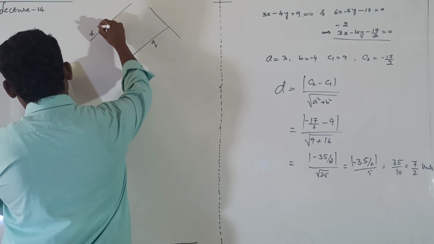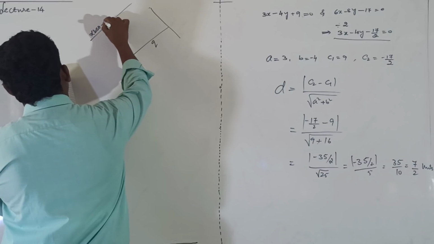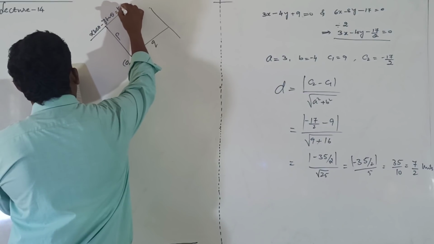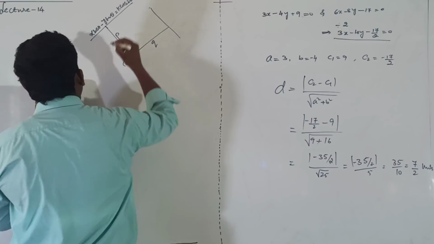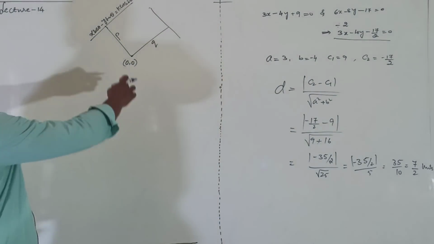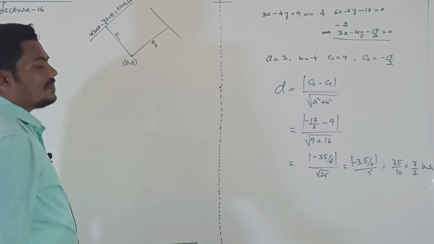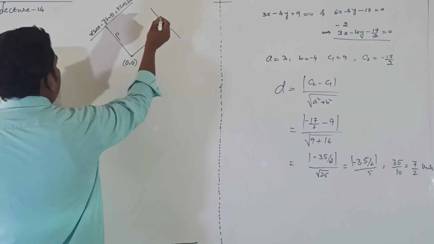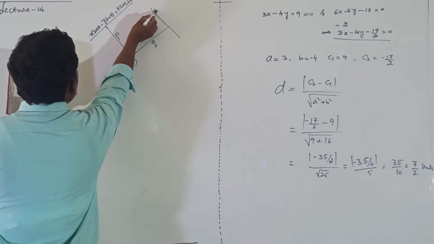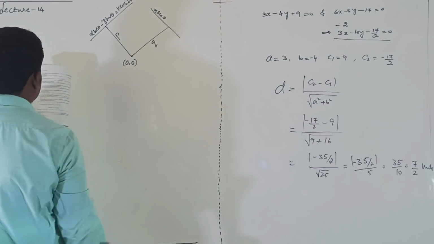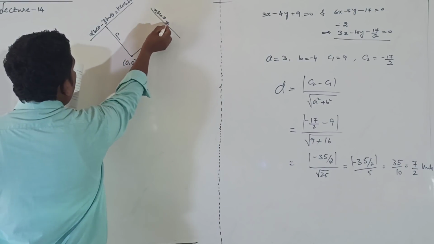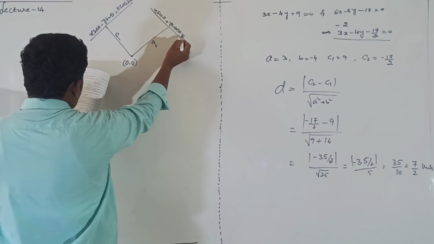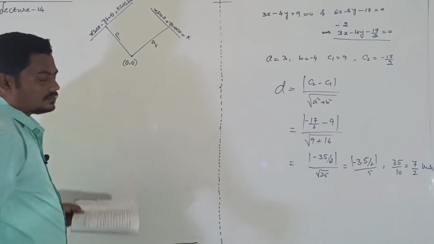x cos theta minus y sin theta is equal to k times cos 2 theta. This is one line at a distance p units from the origin, and one more line they have given at a distance q units from the origin, and its equation is x secant theta plus y cosecant theta is equal to k, right?